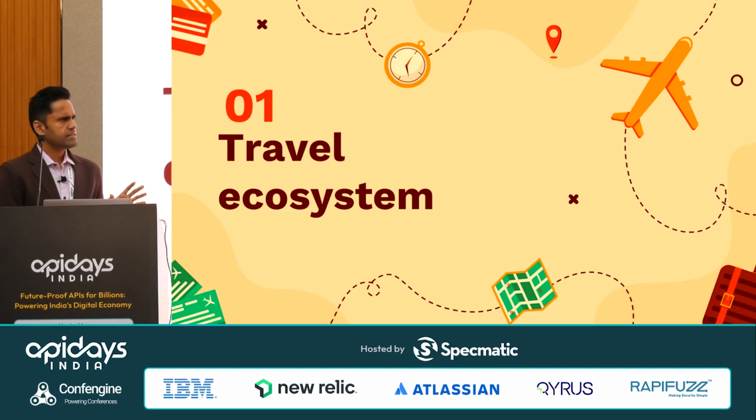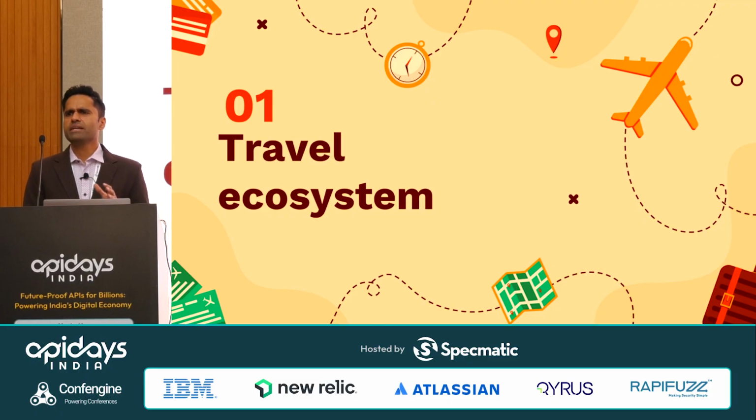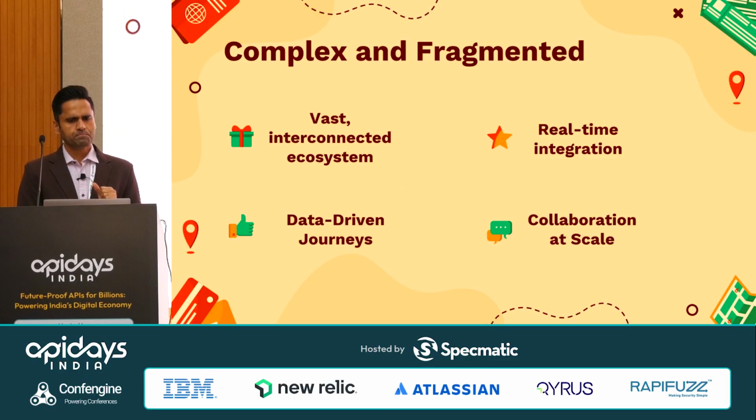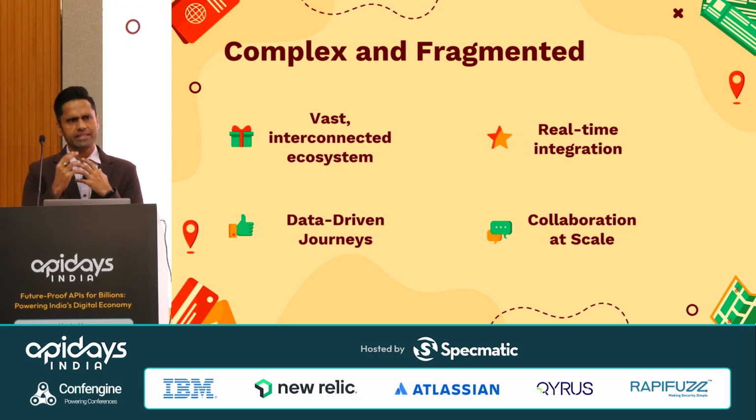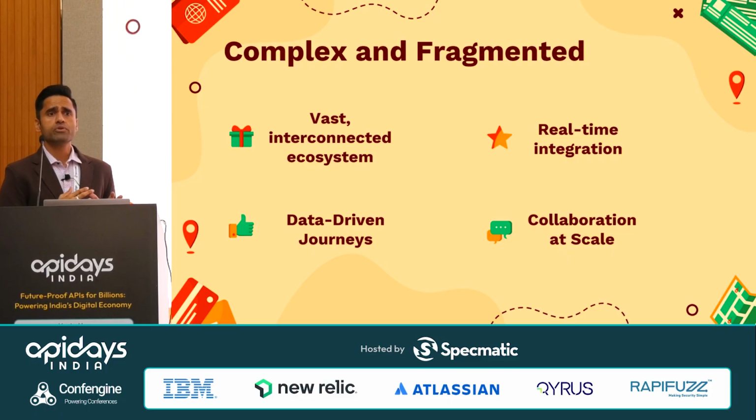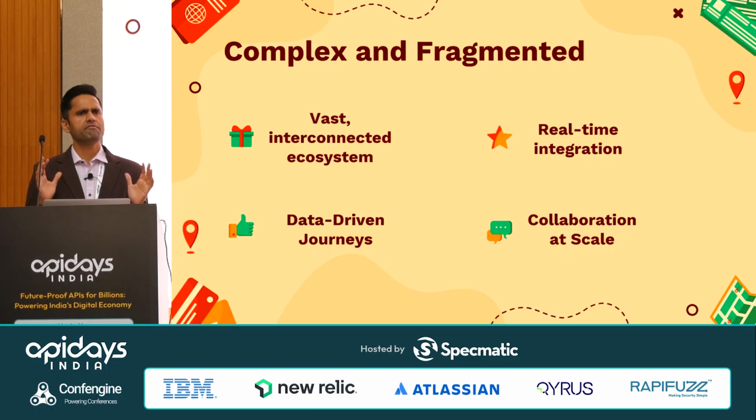With that, first let's talk about the basics of this travel ecosystem. As I said, travel isn't just about getting from point A to point B, right? Obviously, that's the goal, but it's not just about moving from one place to another. It's a vast, interconnected, and complex ecosystem, deeply fragmented. There are multiple players.